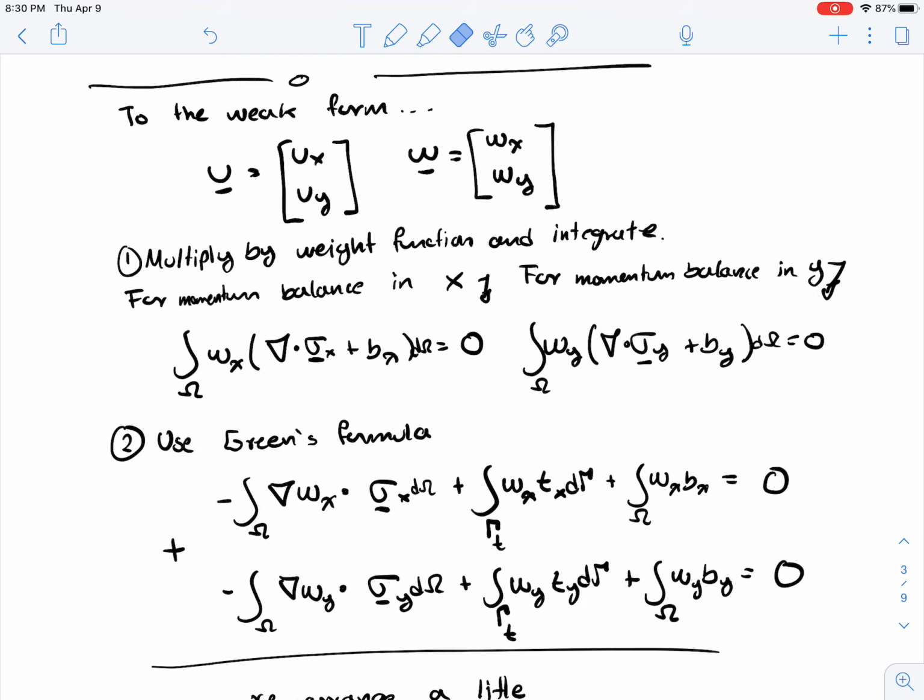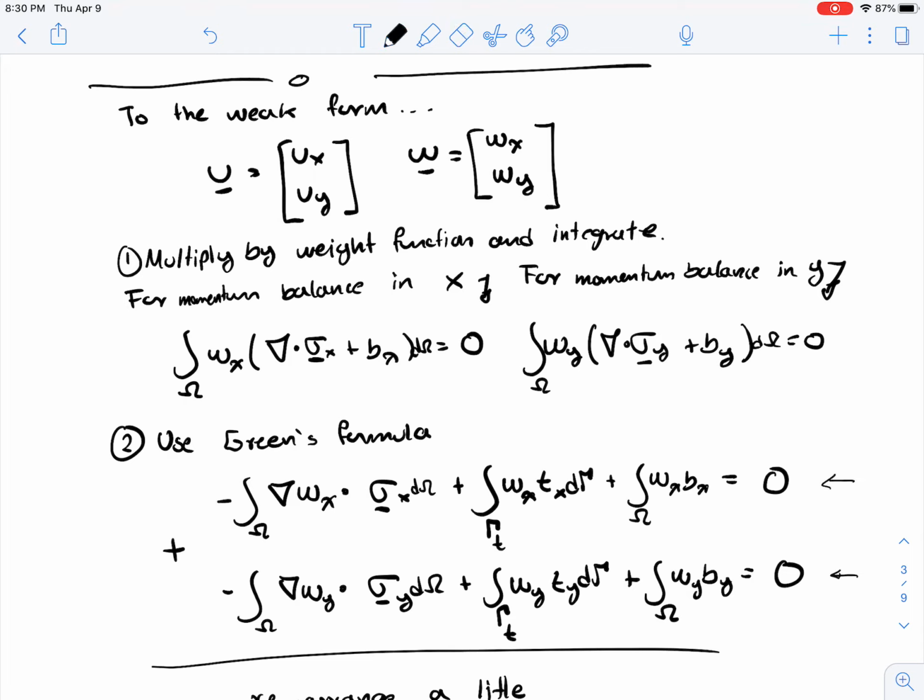And so what you can do to get the final weak form is multiply by the weight function x and integrate the x equation, and multiply by the weight function y and integrate and make equal to 0 for the y equation. Then you can use Green's formula independently on each of these, and you're going to end up with these two equations right here.